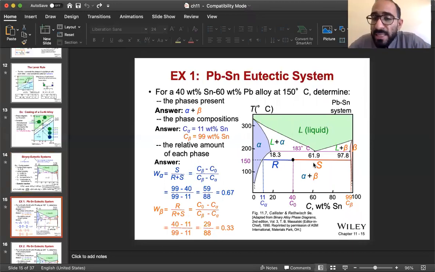Most of the soldering material you find in the market has a special composition: around 61.9 tin, and the remaining is lead. Why does most soldering material have this composition?